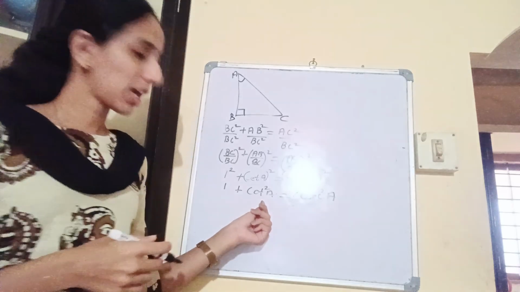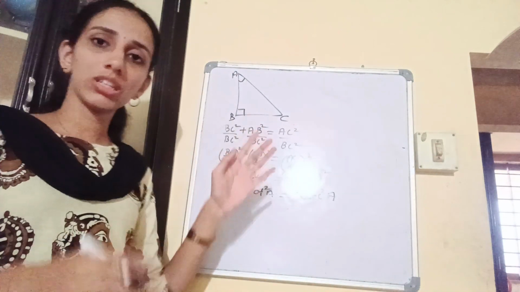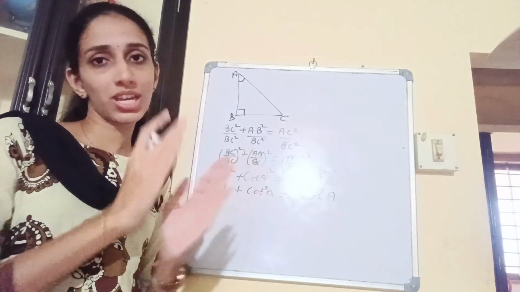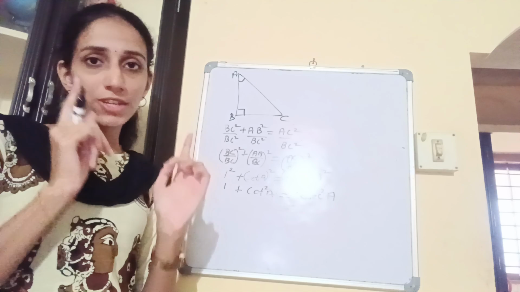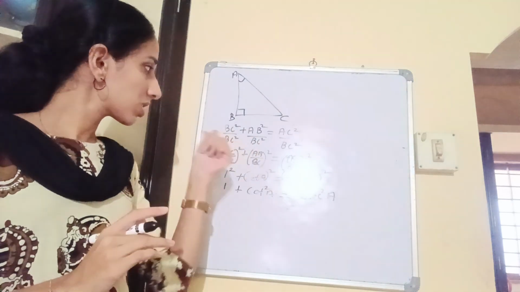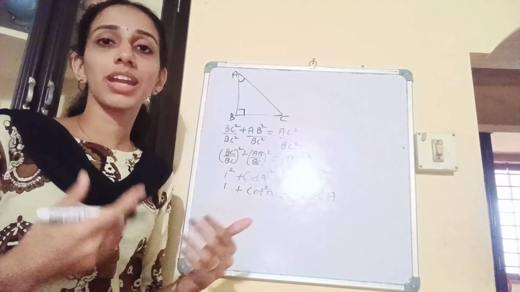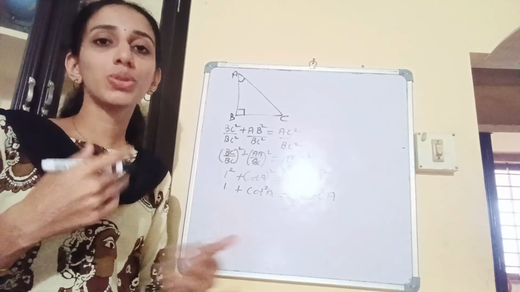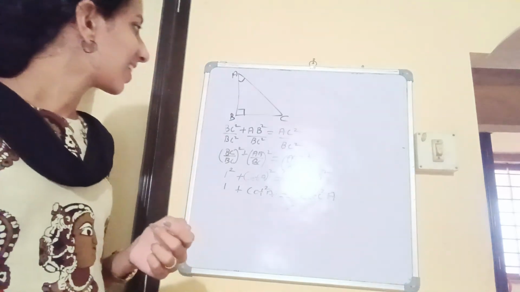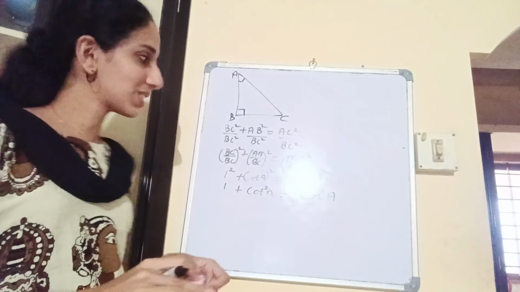Then we can move to our next trigonometric identity. In all these three trigonometric identities, we start with the Pythagoras theorem. In the first section, we divided each term by AC square, and in the second section, we divided each term by BC square. Now, for the next identity, we are going to divide each side by AB square.